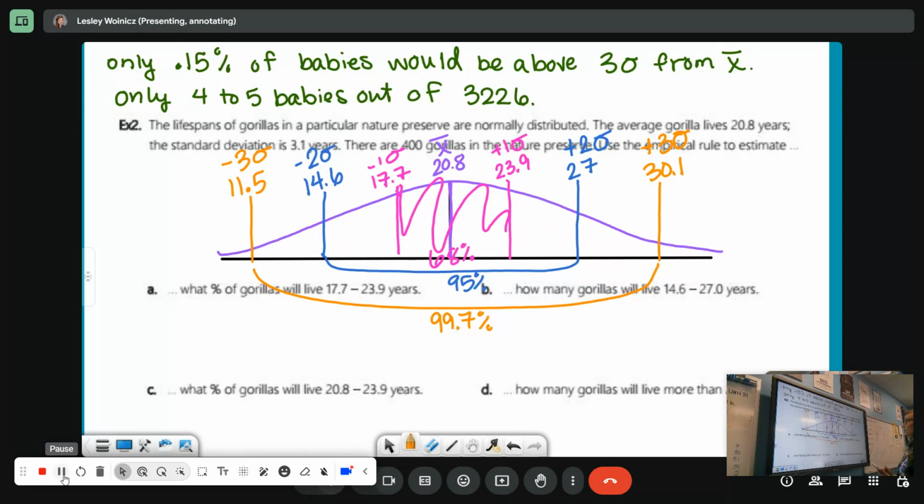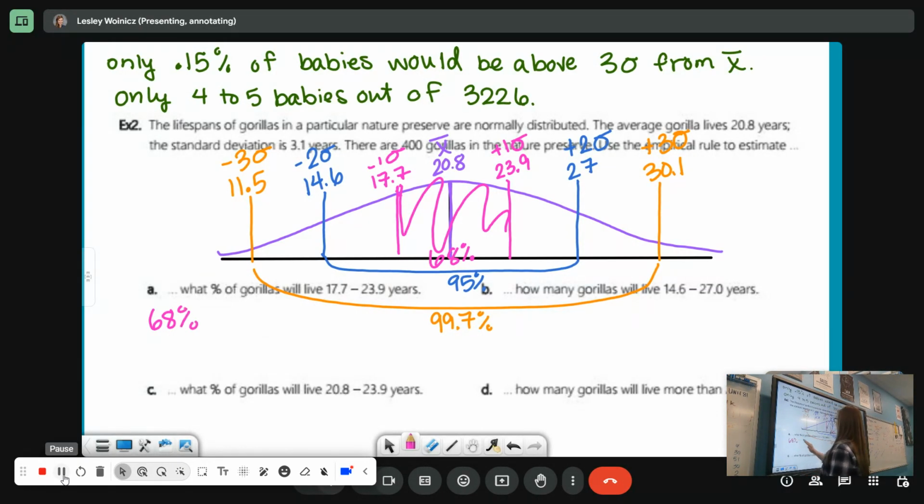So we want to know what percentage of gorillas will live 17.7 to 23.9 years. Well, that's just within 1 standard deviation of our mean. So we can expect that by the empirical rule, that would be 68% of our gorillas.